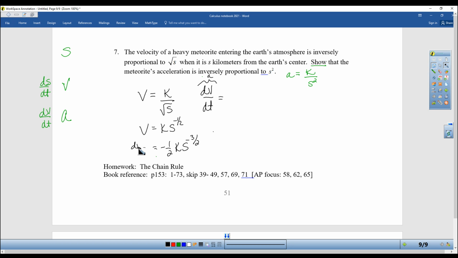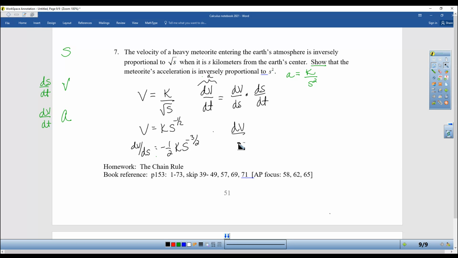The derivative is with respect to s. You don't need to write this all the time, just when you have different variables going on. This is the derivative of velocity with respect to that s. Well, that's a problem because I need to know dv dt. So where's my chain rule? dv ds times ds dt.